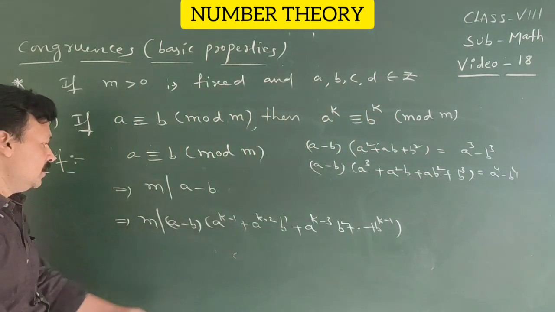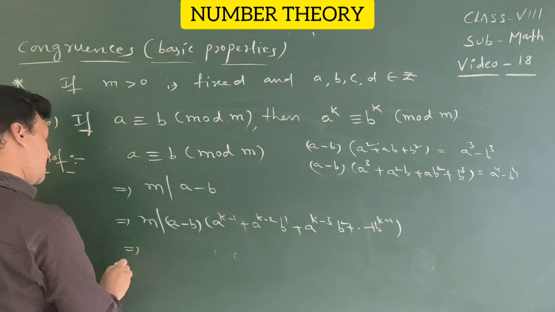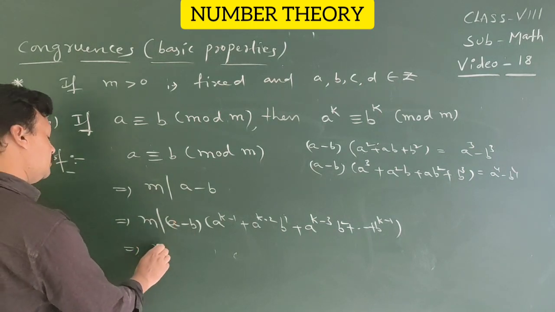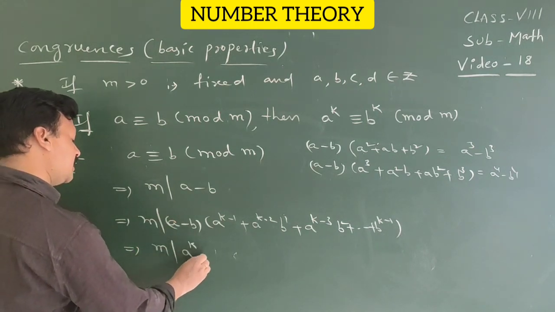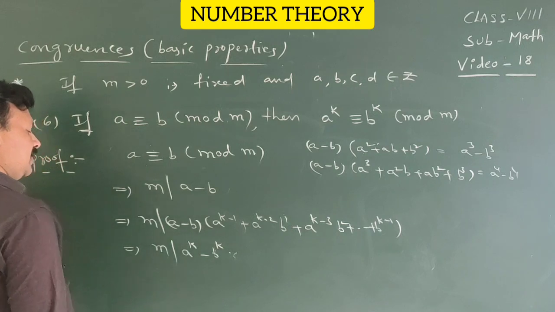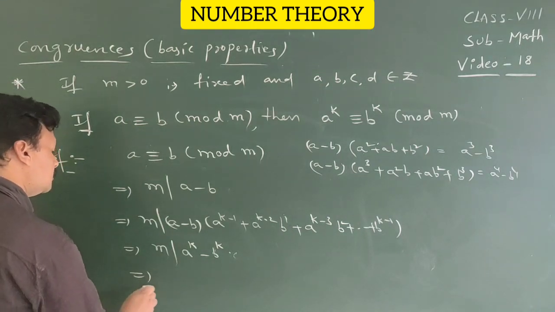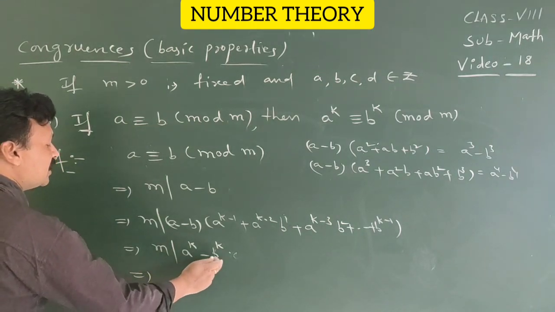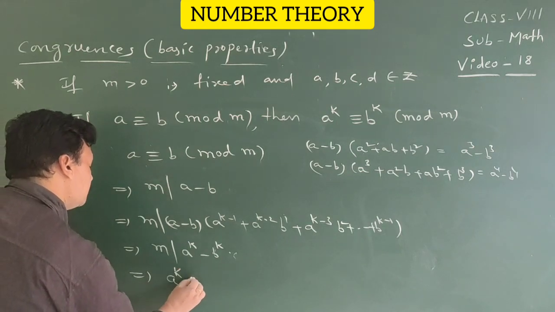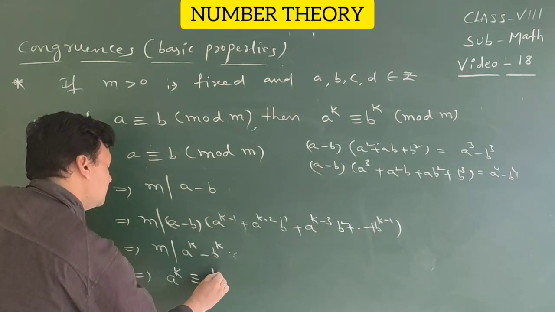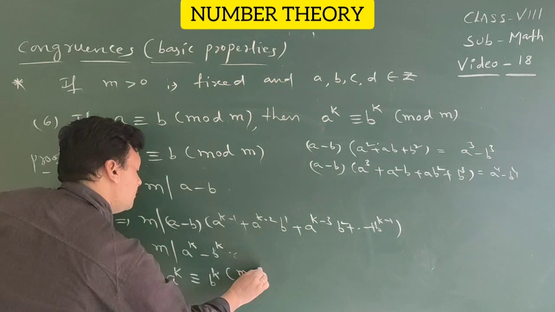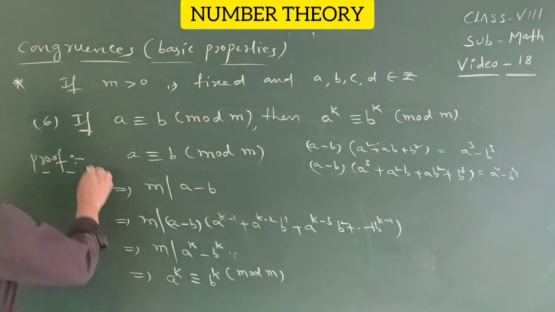So here also we raise the power K minus 1. So M divides A power K minus B power K, meaning A power K is congruent to B power K to the mod M.